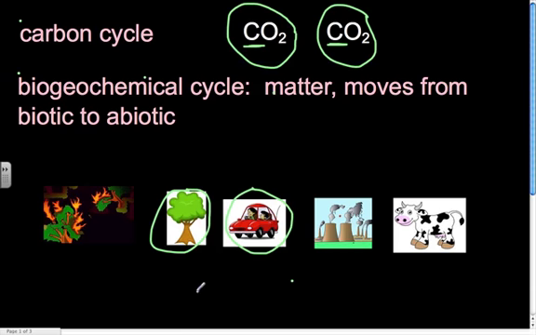So one thing that happens with carbon is we actually get a collection of it in the Earth's crust or under the Earth's surface. And the way that happens is you get our living components or our biotic components like a tree or a cow, and especially things that are living in the ocean or make their way into large bodies of water.